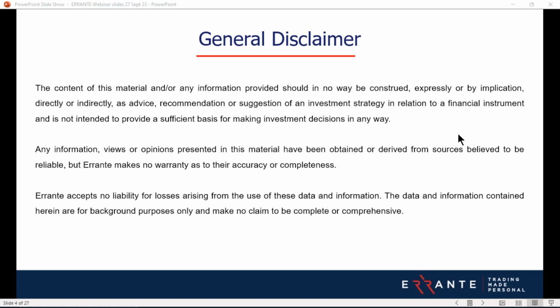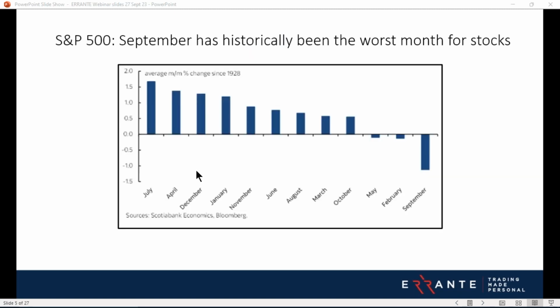I'll show you first of all something we used a couple of weeks ago, kind of portending what is happening at the moment. September, anybody who's been in these markets for a long time knows, is a bad month for risk markets, for stock markets especially, and you can see on this chart it is the worst month for the S&P 500.